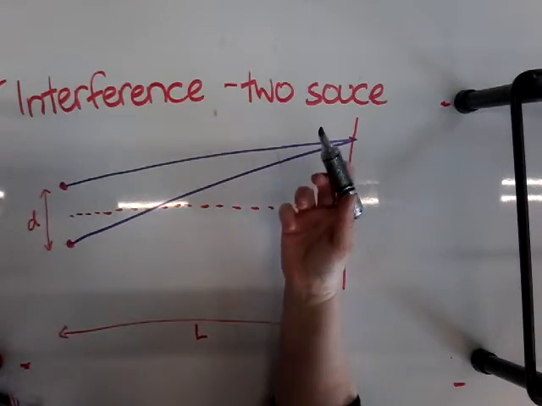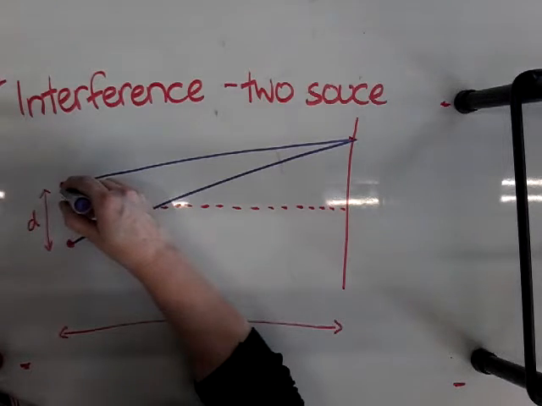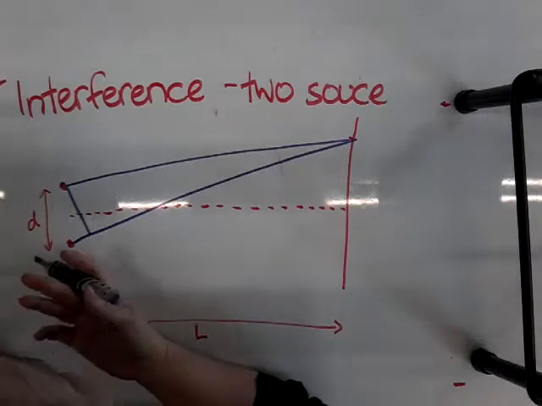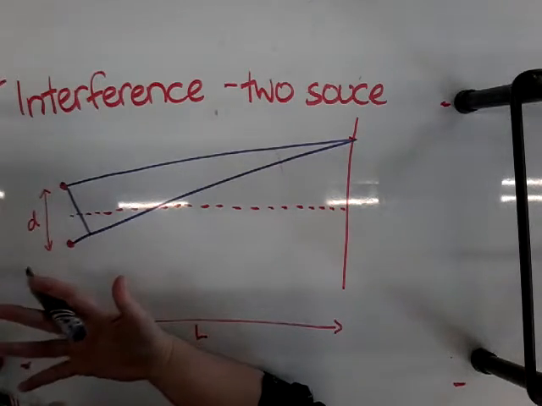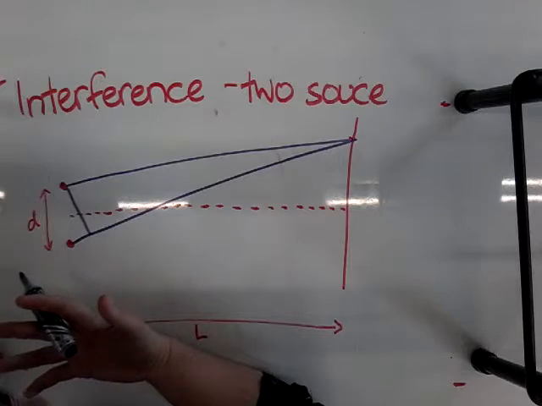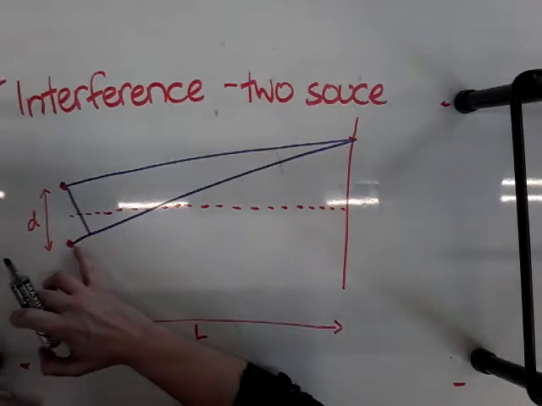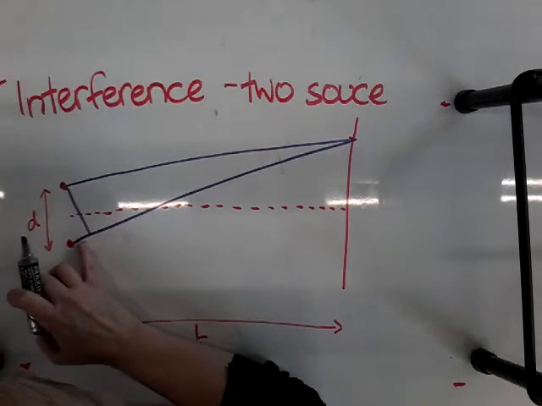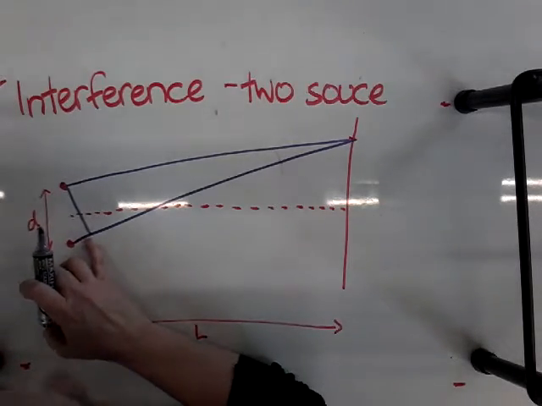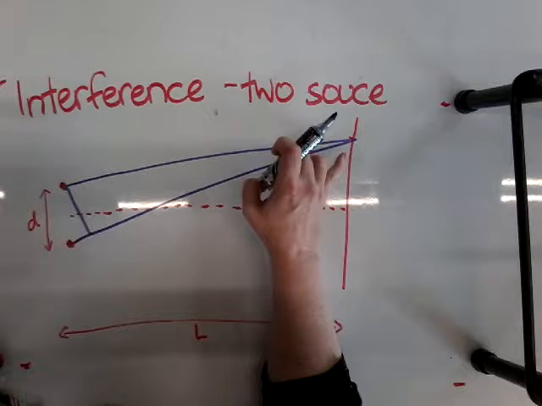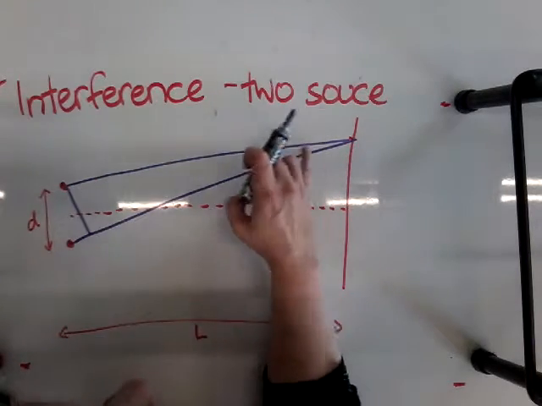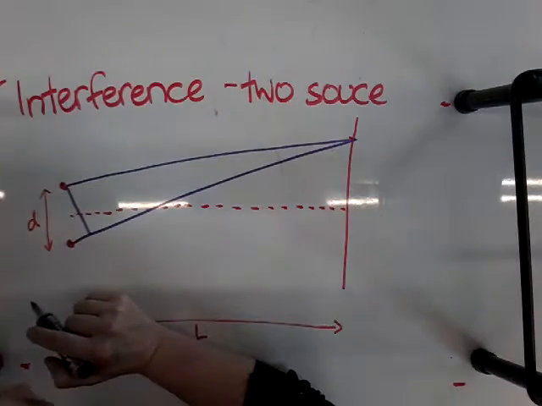There's going to be a path difference between it, and last year you would have learned, hopefully, that that path difference is going to be some whole number multiple of the wavelength. Because you can see, I hope, that if this extra distance that it has to travel is one whole wavelength, by the time it reaches there, they'll be completely in phase. There'll be constructive superposition all the way along this line.